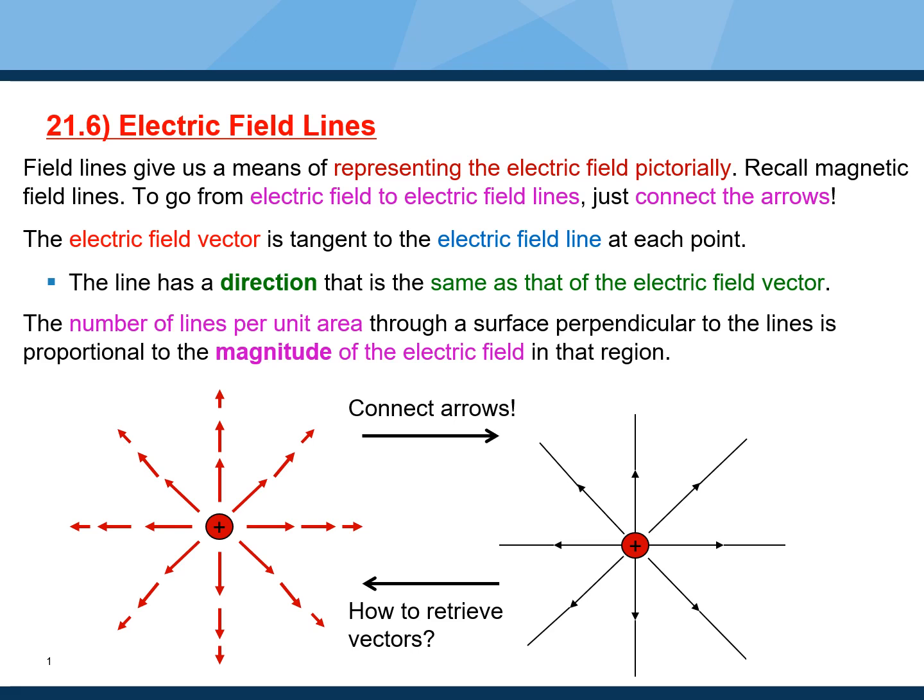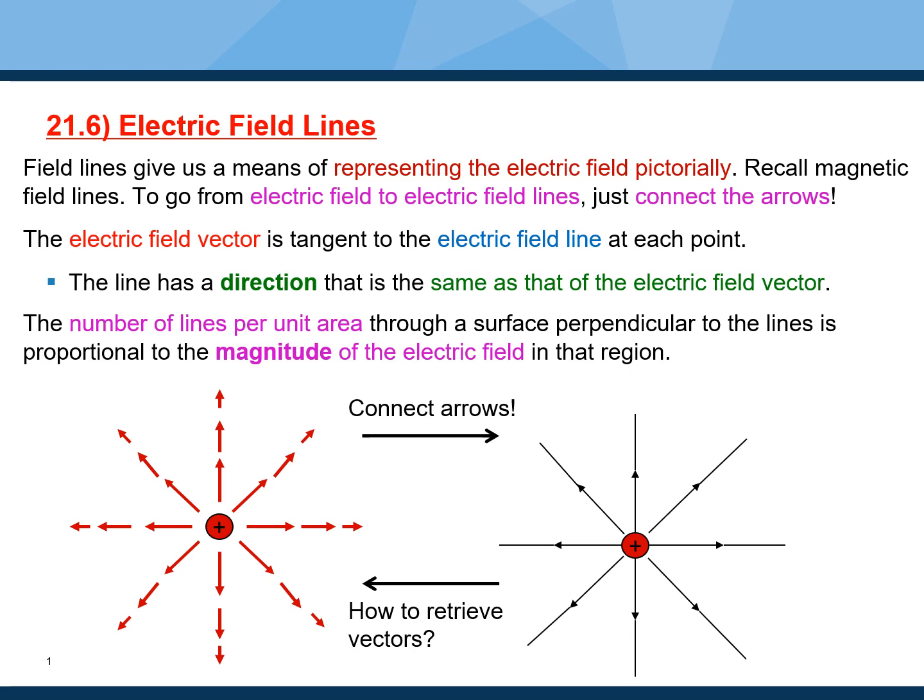However, notice from the figure on the left that anytime you depict the electric field, you will be drawing many little arrows, and that is sometimes inconvenient or even tedious. So we want to know if there is a more pictorial, easier way to display the electric field.